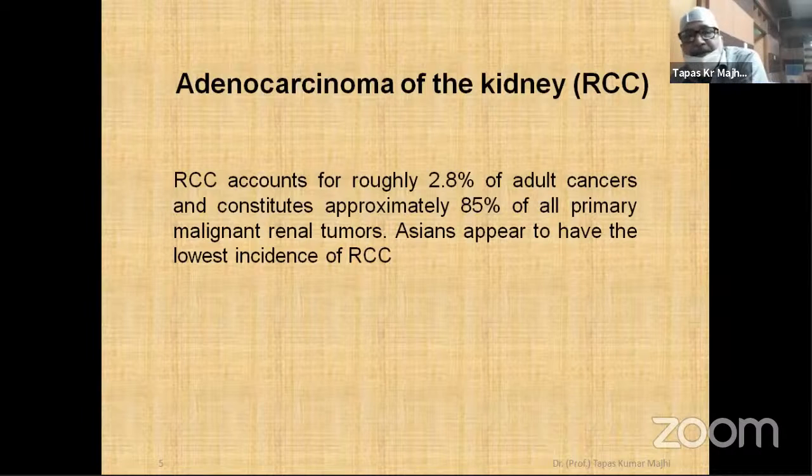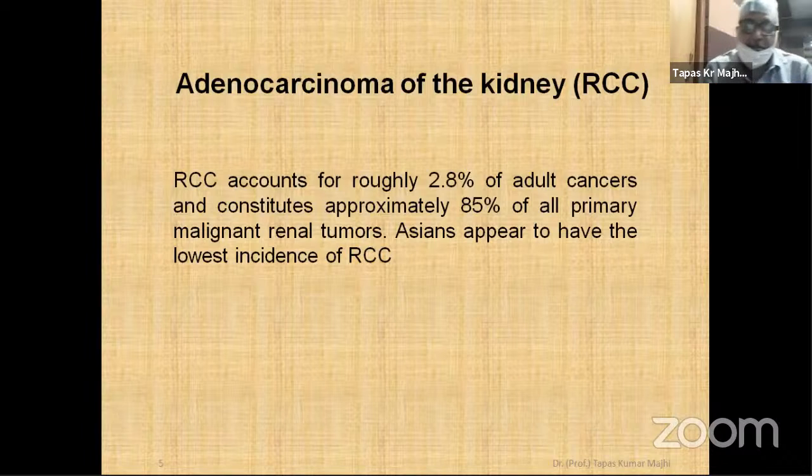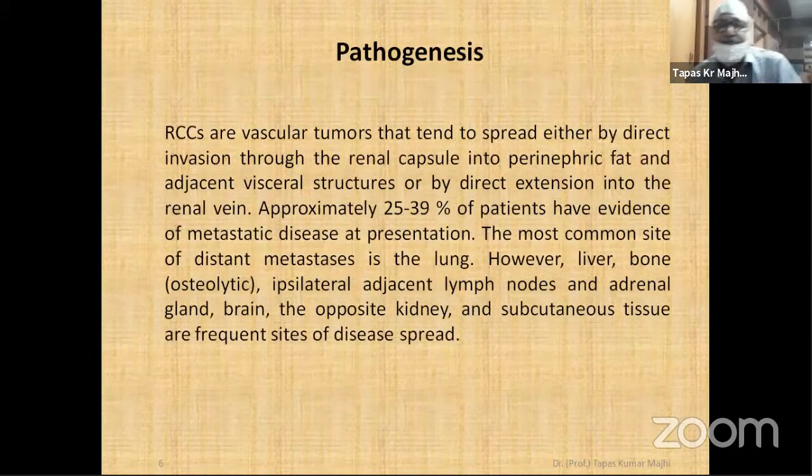Asians appear to have the lowest incidence of RCC. RCC, a vascular tumor, tends to spread either by direct invasion to the renal capsule or into perinephric fat and adjacent visceral structures, or by direct extension to the renal vein.